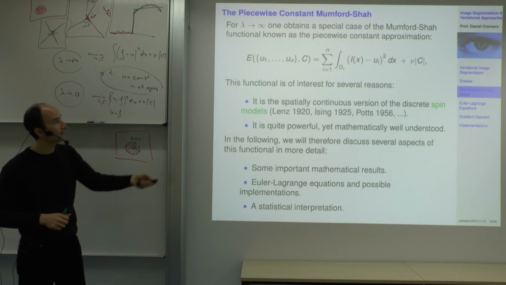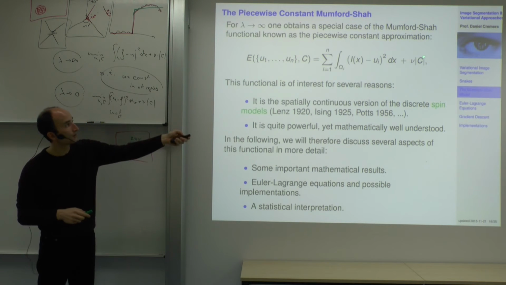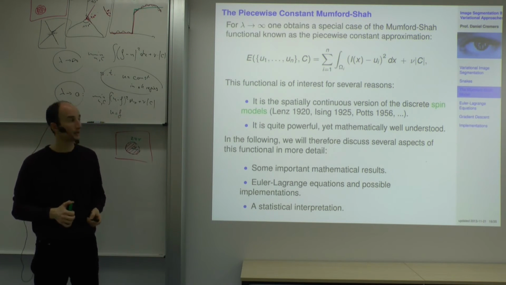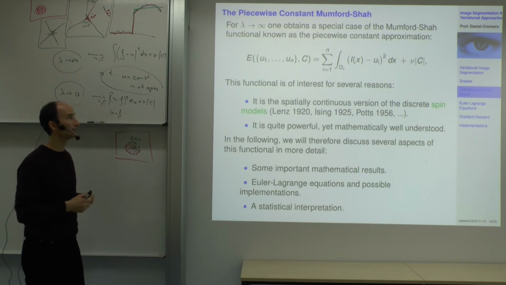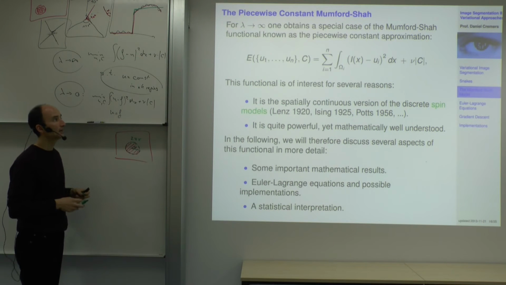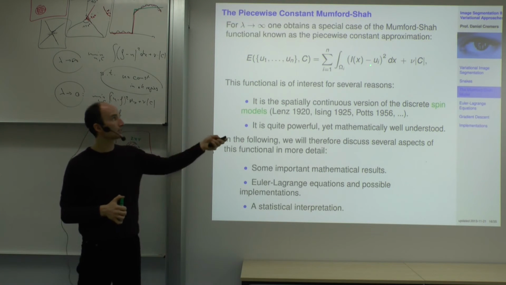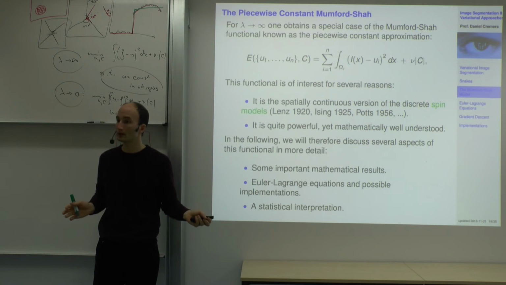But at some point, 2 pi r times nu, of course, the weight of this length regularity. And now you can imagine if you crank up the nu, at some point, if nu is sufficiently large, the better solution is actually the empty set, no boundary at all.